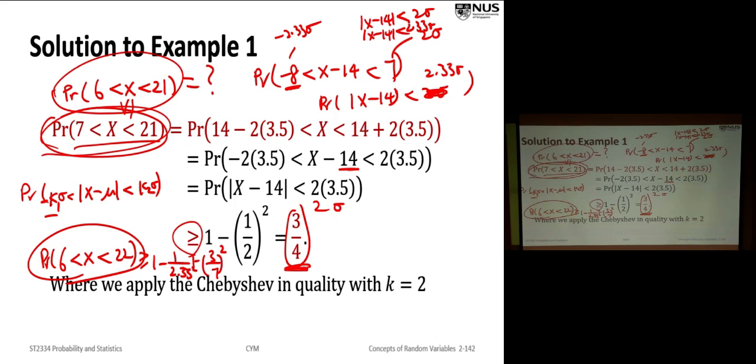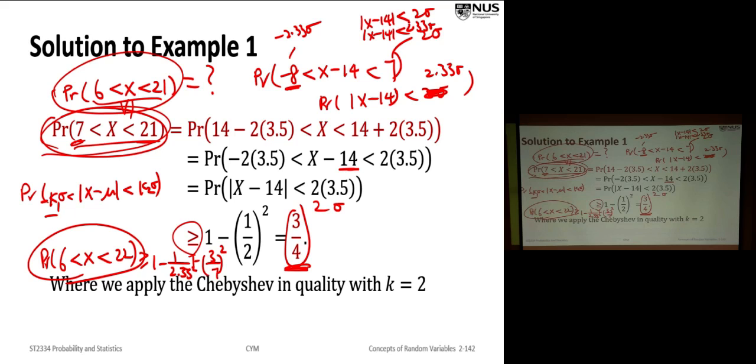It's a bit confusing now, but you have to be able to answer the question: what happens if the range given to you is not symmetrical about the mean? How do you deal with it? This example I gave you, I did the easy part. This one is symmetric. These two numbers, 7 and 21, are symmetric about the mean.